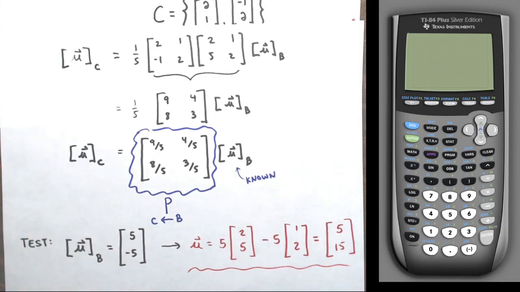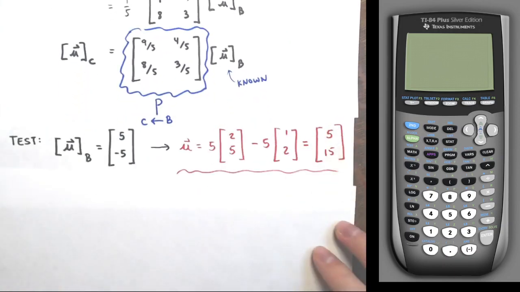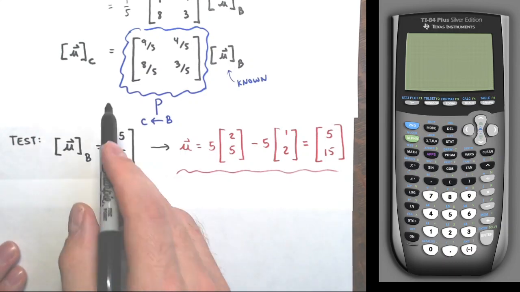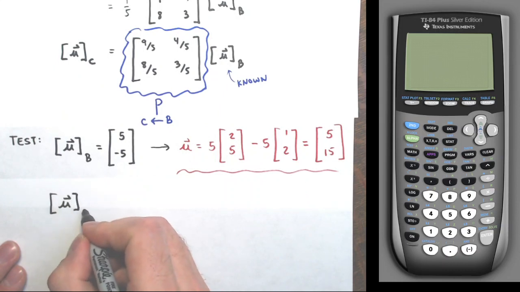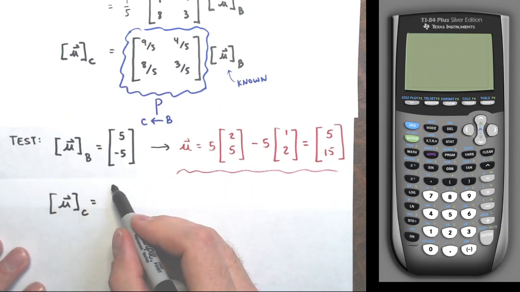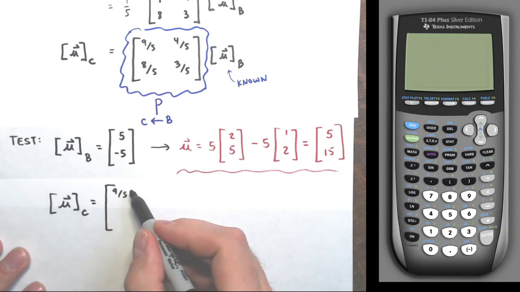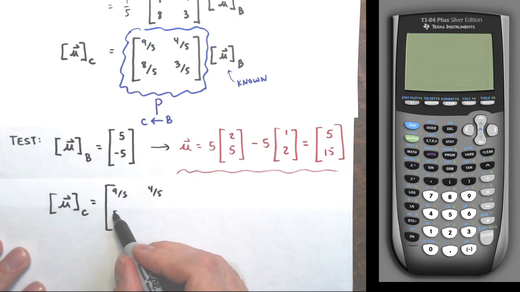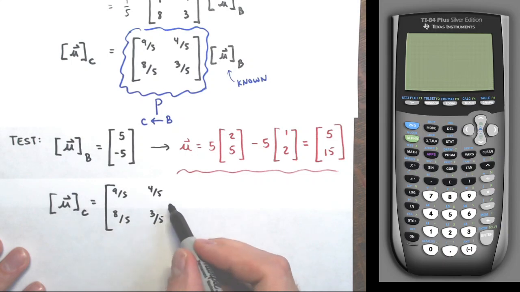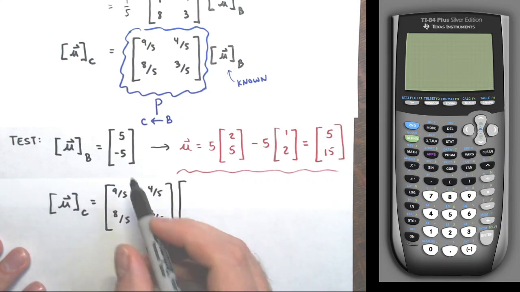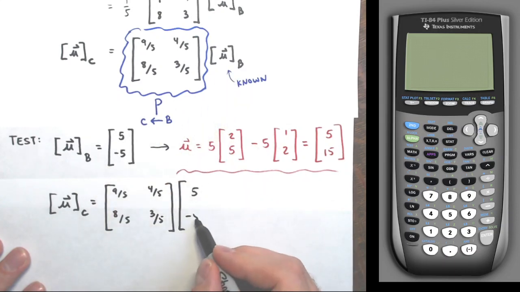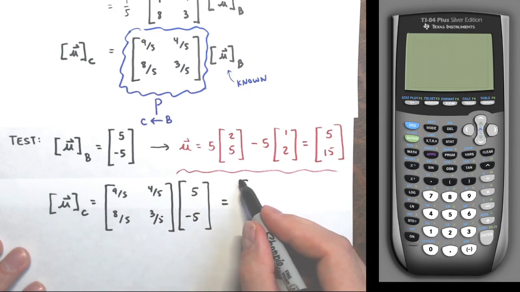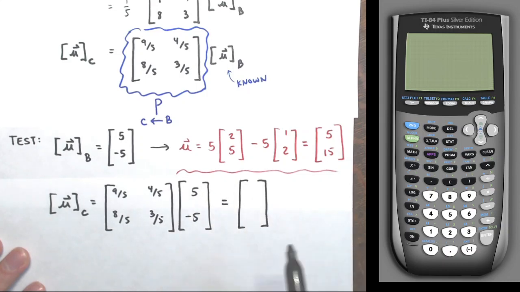By what I wrote up here, the coordinates of u with respect to C should be equal to 9/5, 4/5, 8/5, 3/5 times the coordinates of u with respect to B, 5, negative 5. A 2 by 2 times a 2 by 1 is going to be a 2 by 1. And you see I'd have 9 minus 4, 5.